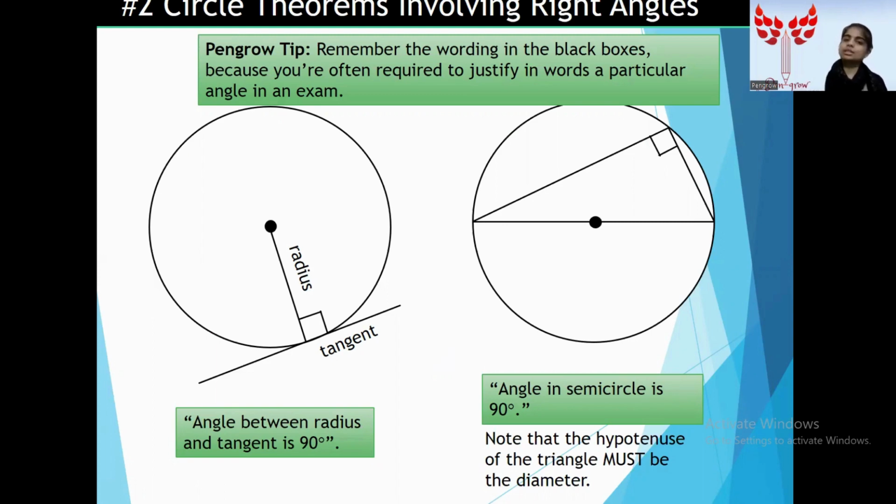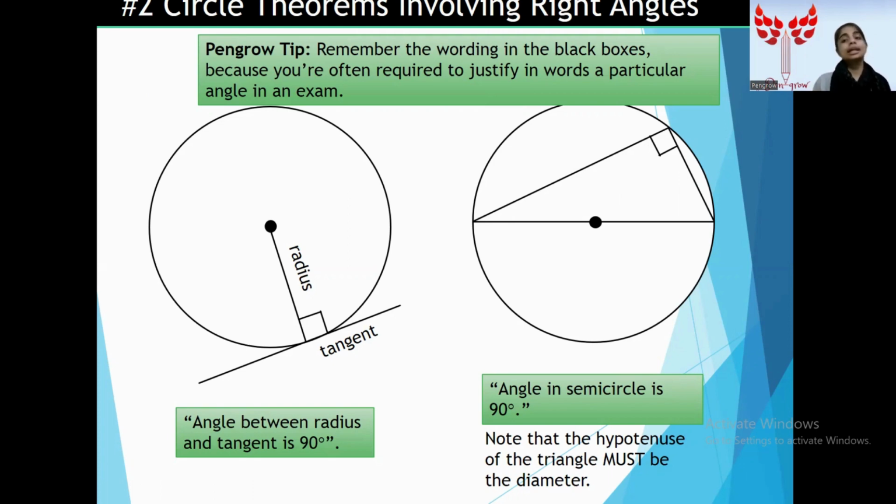What is the meaning of this? That when you have from the diameter, the two lines are coming and they meet at one point in the circumference. So it's basically covering half of the circle, that is the semicircle, right? So the line is the whole diameter. It is meeting at one point on the circumference. At that point, there will be a 90 degree. Now, these are written. Angle between radius and tangent is 90 degrees.